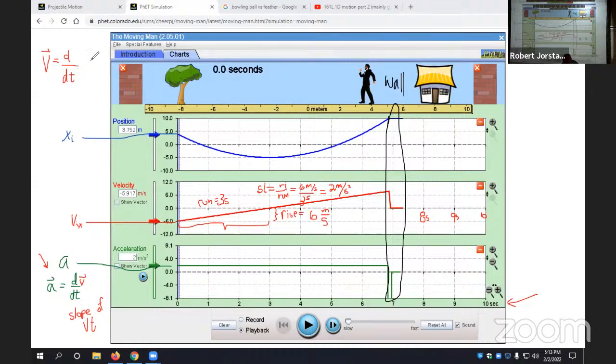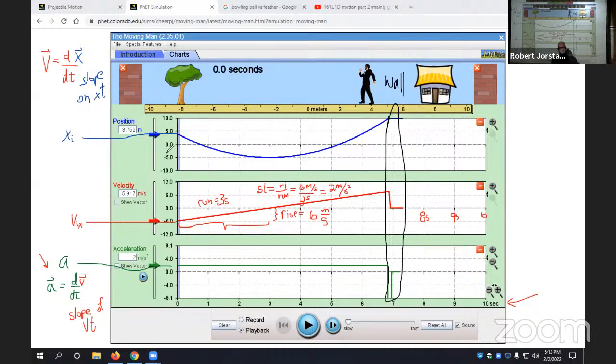Yeah, nice. Okay, and then the derivative of x with respect to time, that's going to be the slope of which graph? XT, position versus time. Nice.